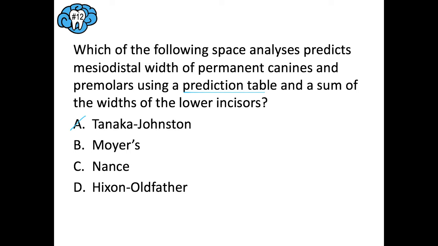So these are involving x-rays, which were not included in the question. And so we're really left with Moyer's being the best answer here, involving both a prediction table and a sum of the widths of the lower incisors. And these two are going to be the ones that are more than likely going to be the answers that you're picking from in this kind of question. So the answer here is B.